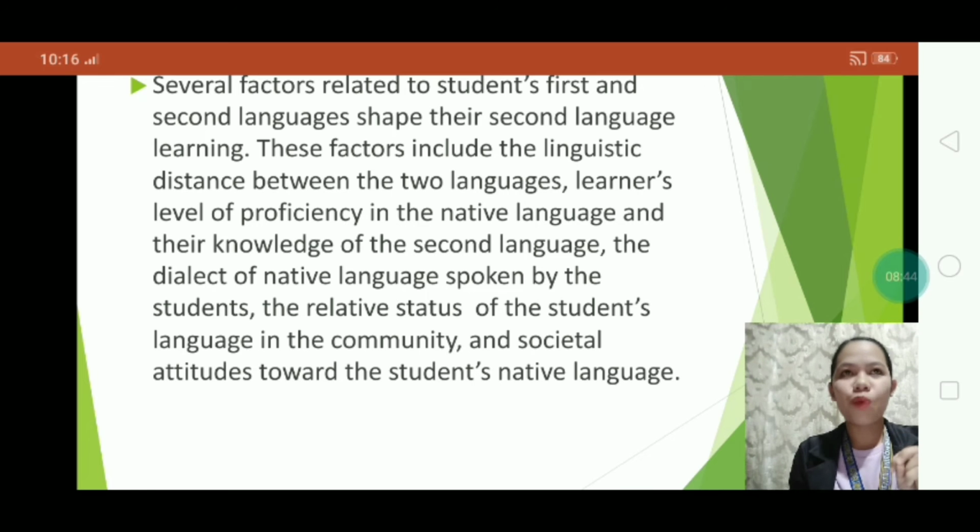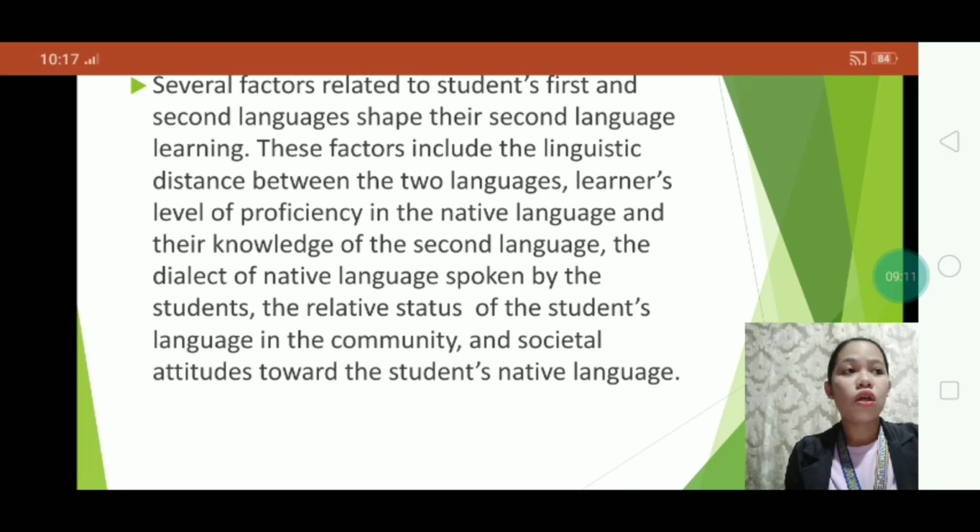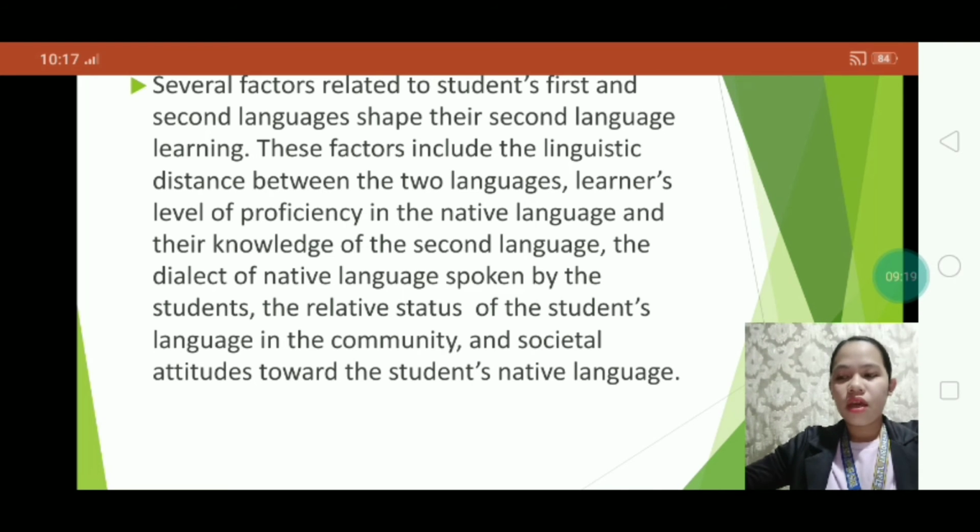Since we know that we are a multilingual community, we can speak at least two to three languages, depending on what region or places we lived in, and it is important to know the factors of the language you use as a means of communication.